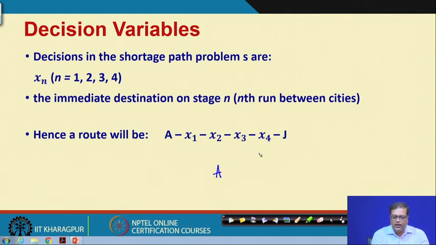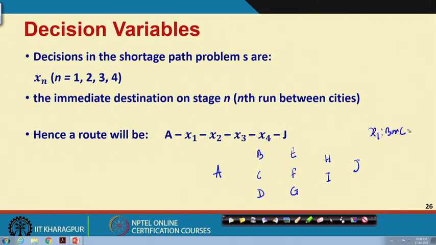So, this is the A, then B, C, D and E, F, G, then H, I and then J. Is it all right? So, x 1 could be either B or C or D. x 2 could be E or F or G.